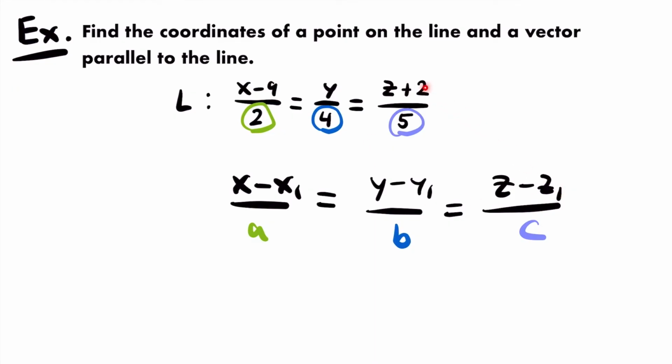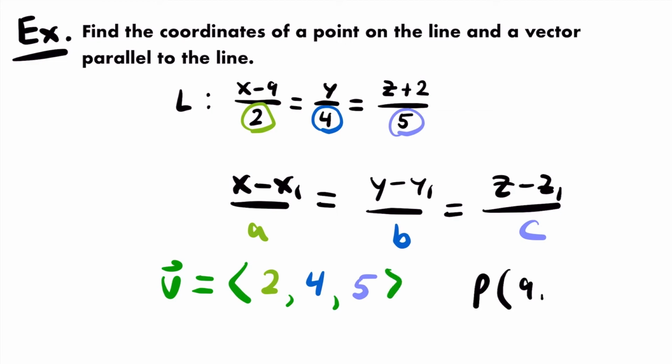We have z plus 2, but the general form is z minus some number, and so z minus -2 would be z plus 2. Okay, and so what we learn here is that our direction vector, vector v, will be the vector with components 2, 4, and 5, and then a point on the line will be 9, 0, -2.